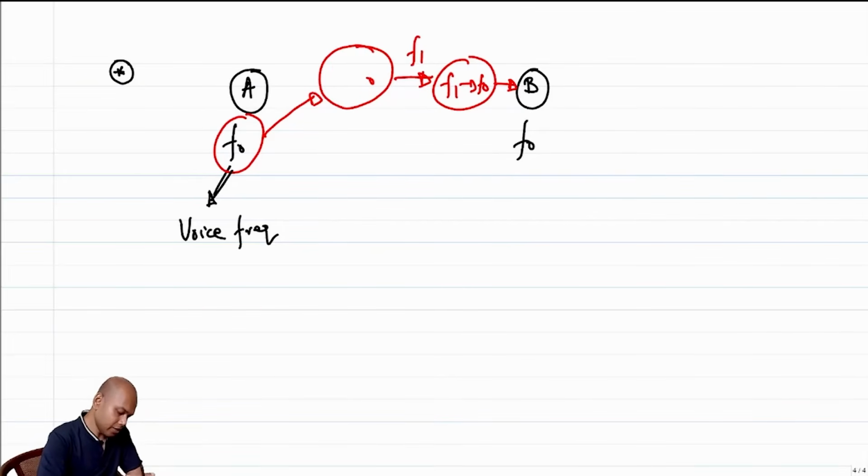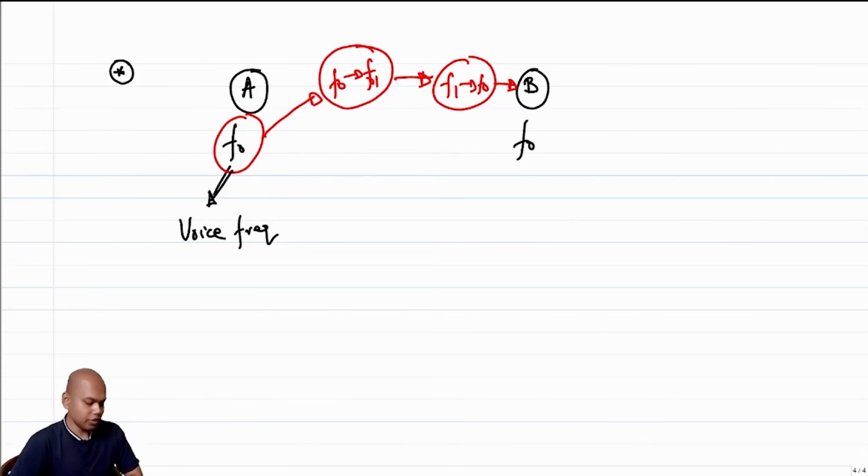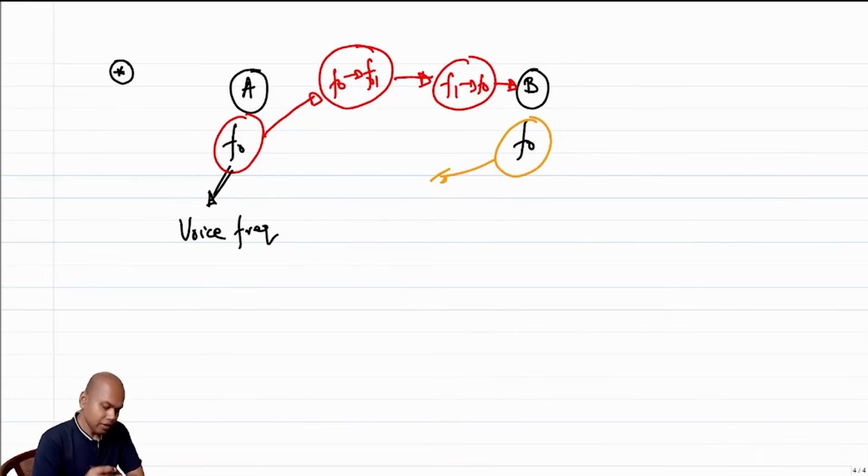So in this case, I have a transformation from f0 to f1, and then as it tries to reach B, I transform it back from f1 to f0, and it reaches B. And let's say B also transmits something of frequency f0, but B does not transmit at f0, but say B transmits at f2, some different frequency which is not the same as f1 or f0, right? So B transforms its frequency f0 to f2.